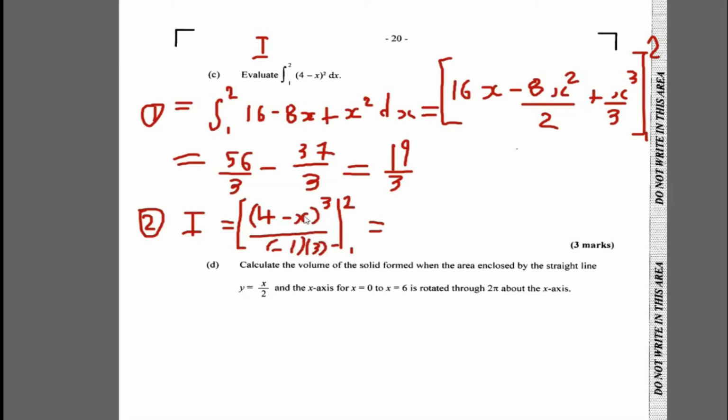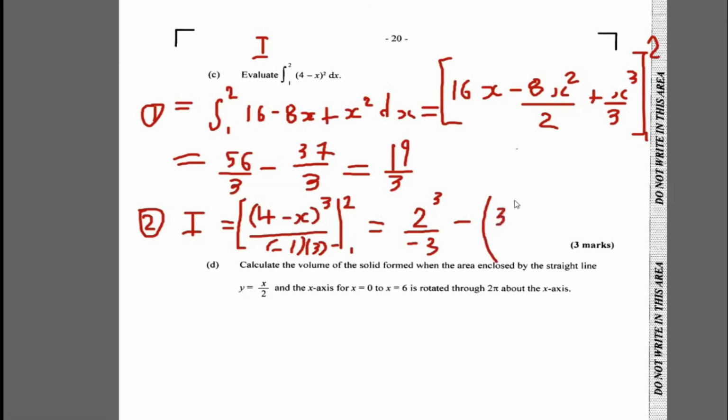Then people put in the 2. 4 minus 2 is 2 cubed. So you get 2 cubed over -3 minus, put in 1 now, you get 4 minus 1 is 3.